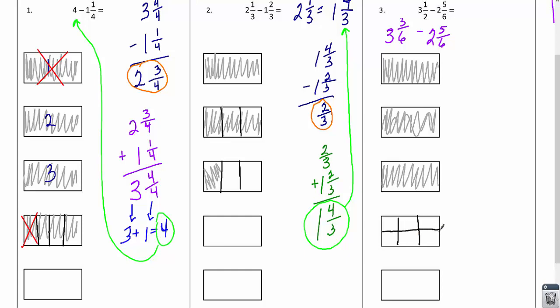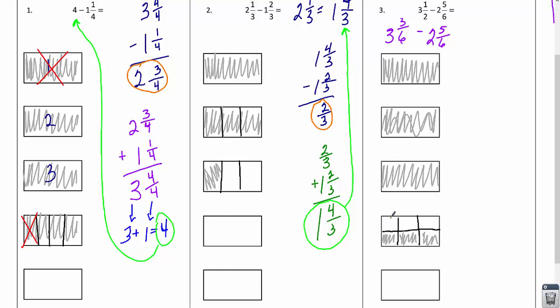You can make them by going 3 straight down, another 3 down if you want to make 6, but I like this because it gives me something a little bigger to work with. I need to shade 3 of those, so I'm going to shade these bottom 3. I didn't shade this way just because I like seeing that I still have a half. Remember, my original number was 3.5. So I can still see I've got half of that shaded.